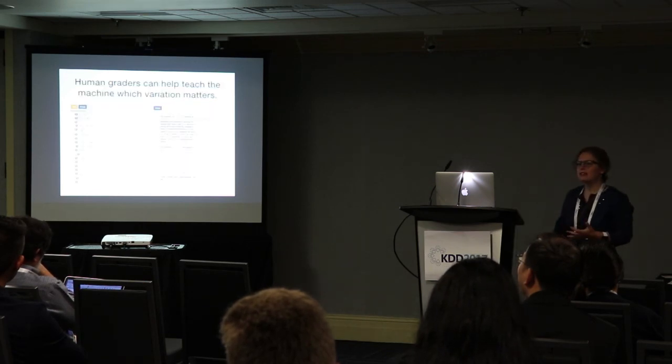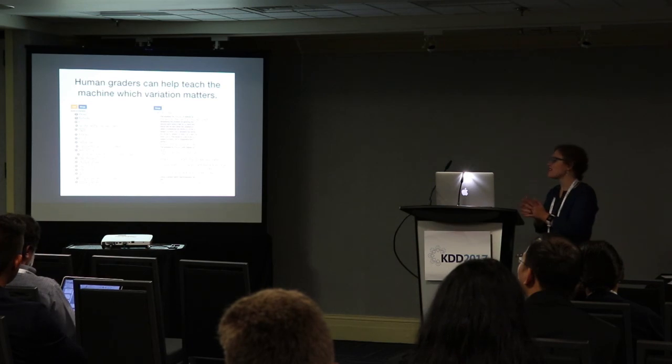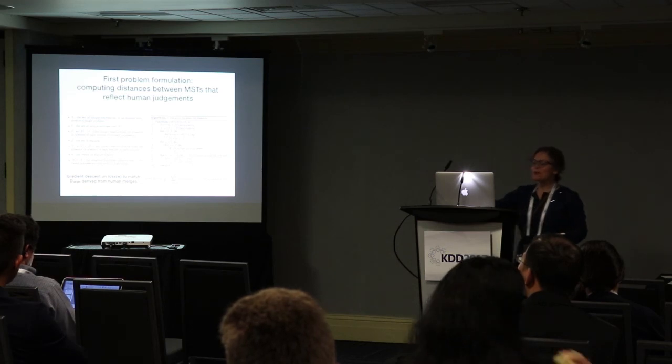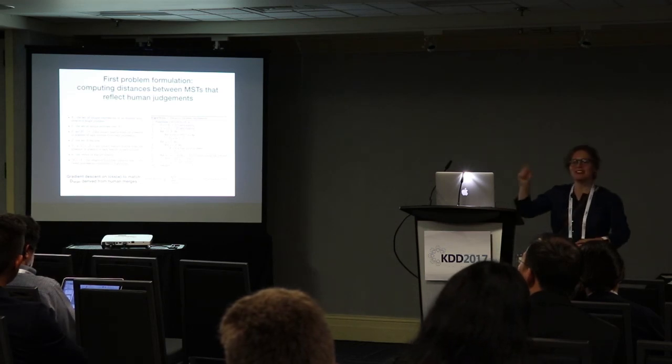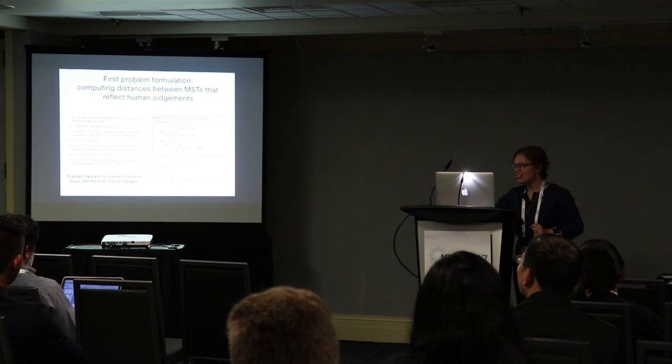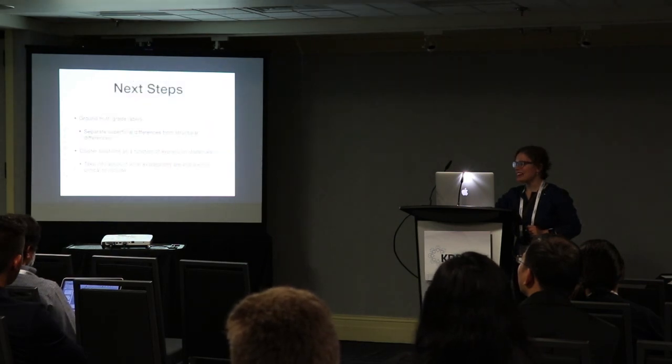Human graders are really critical. They can help teach the machine which variation is going to matter. And this formulation, which I cannot possibly explain to you in the time that I have, will be uploaded to the site as soon as we fix a few details. We hope to make progress on that soon.